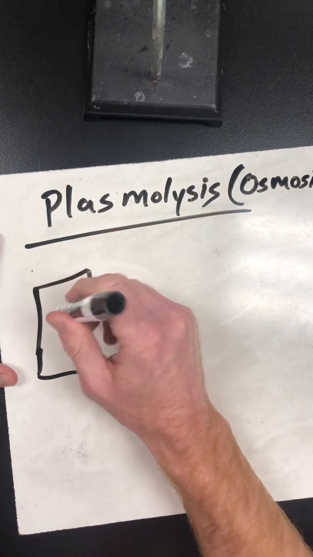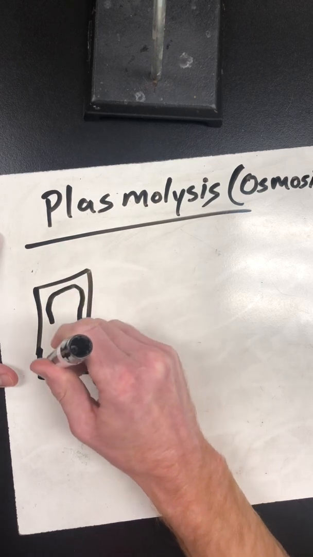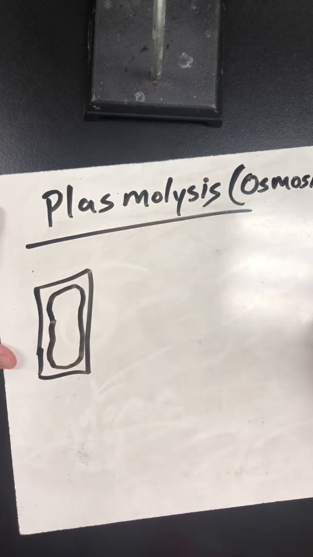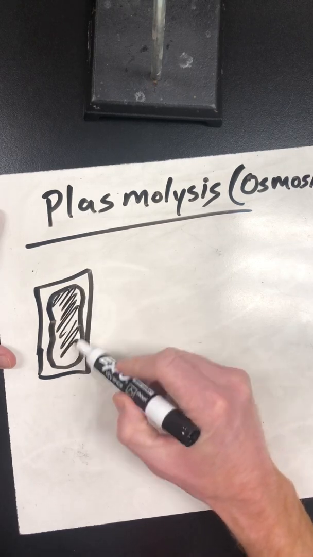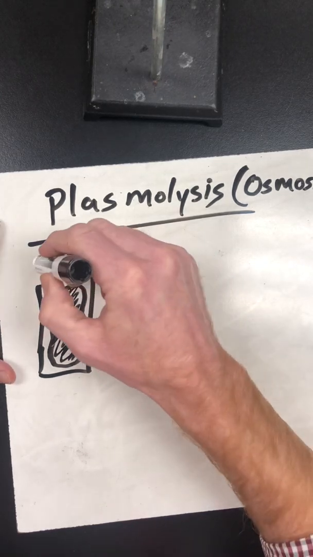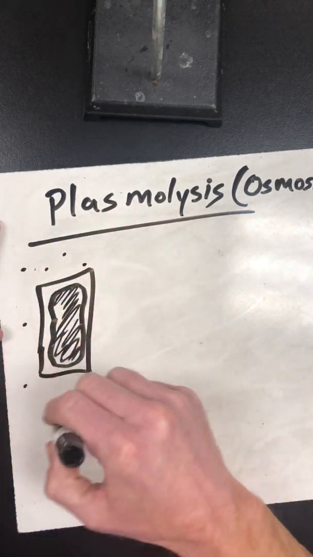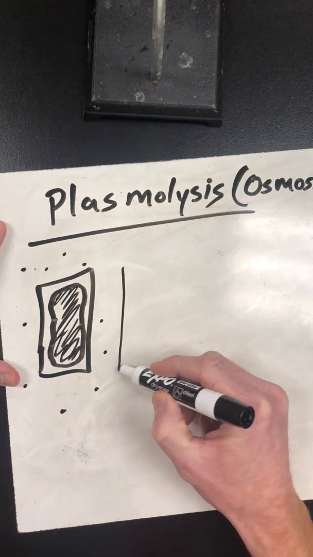There is a cell membrane inside here, and we want that cell membrane kind of pressed all the way up against the cell wall, all right? And that does that because it has this thing in here called a big central vacuole filled with water. If I surround this cell with, let's say, salt water, or maybe it's a bunch of fertilizer, water is going to start rushing out of the cell.